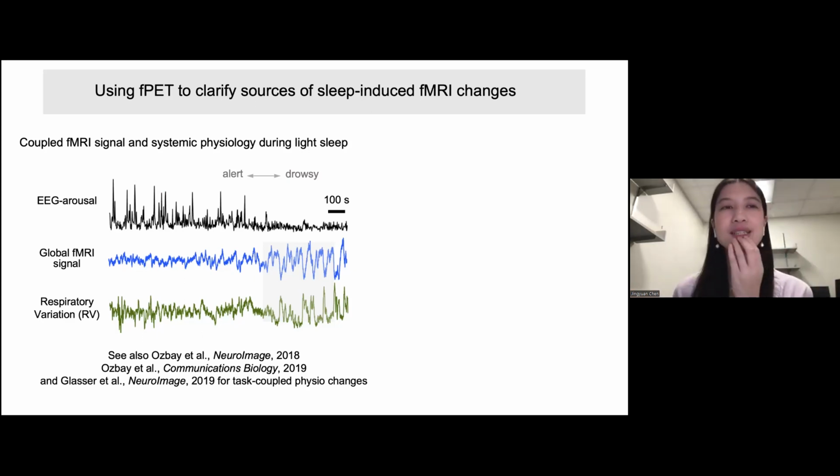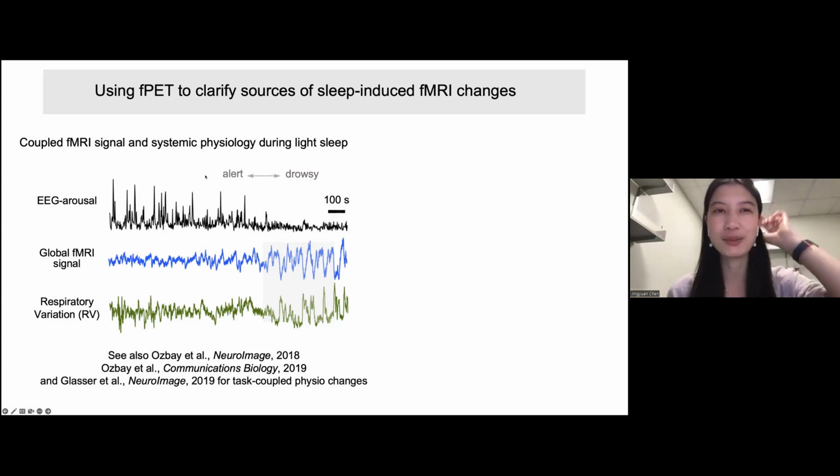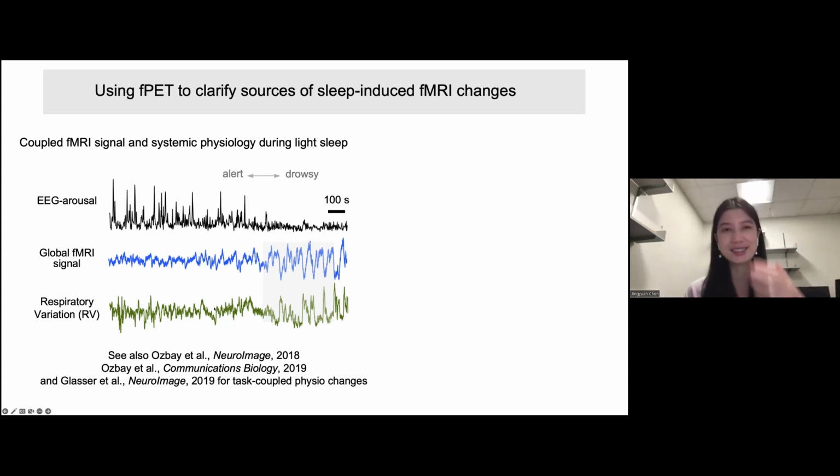Why this is interesting is that when people fall asleep, as shown here by EEG, there will be more coupling of the fMRI signal with systemic physiology. So for instance, this is the global fMRI signal going later on, and then these are the respiratory measures. As you can see, during the sleep and drowsy cases, there are more accentuated anti-correlations between these two measures compared to resting state, awake conditions.